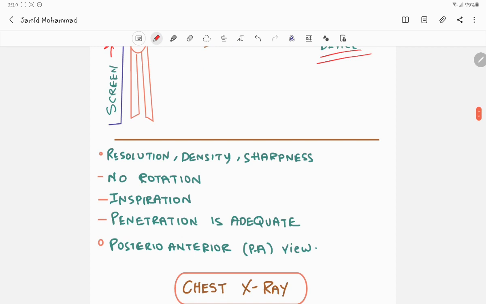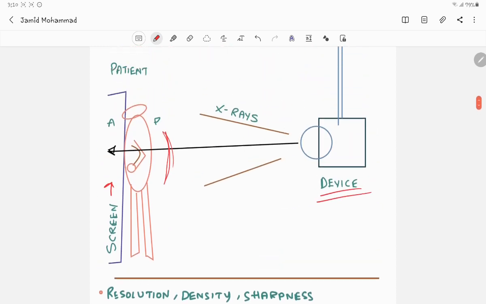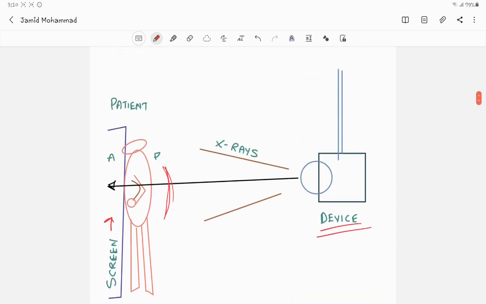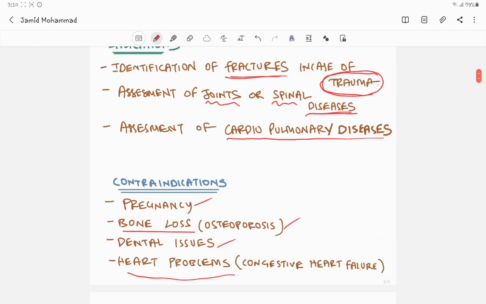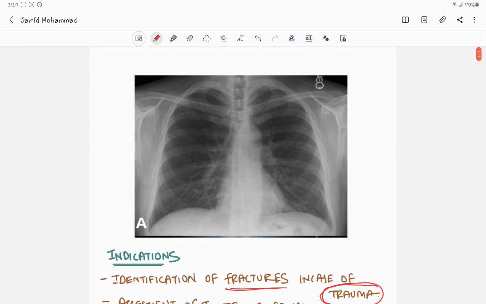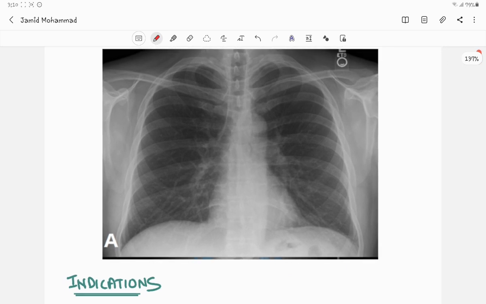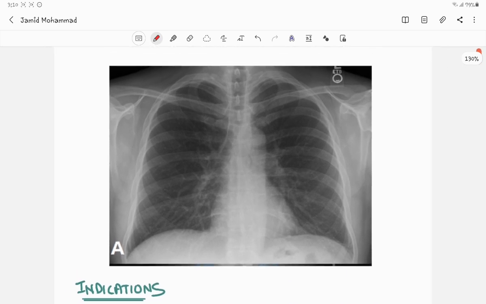And once we have successfully got the X-ray of the patient, it would probably look like this. If there is nothing wrong and we have performed the technique successfully, we will be able to get an image like this.